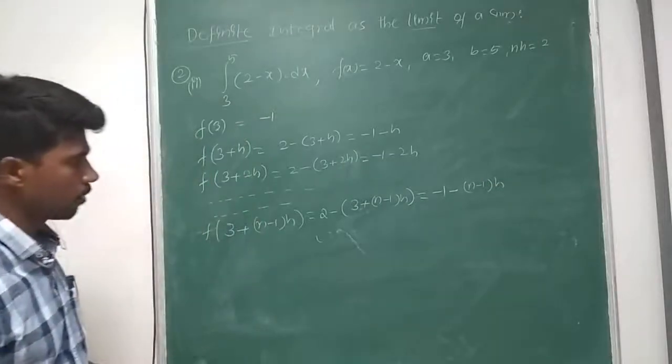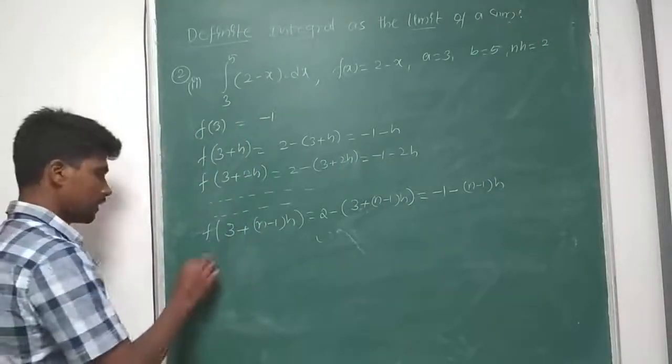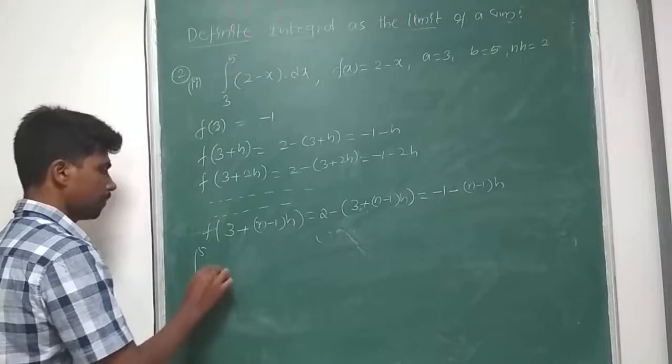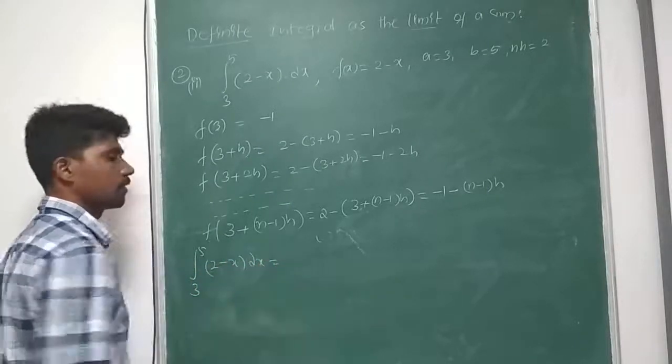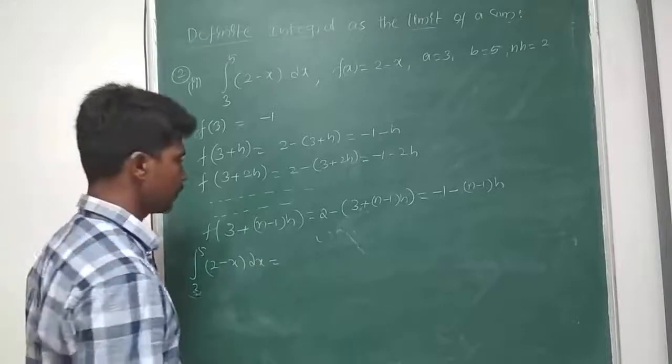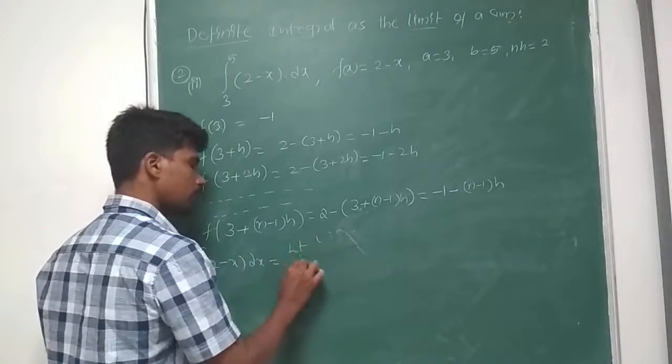Okay, now we will evaluate integral 3 to 5, 2 minus x dx, which is equal to limit h tending to 0, h into f of a.